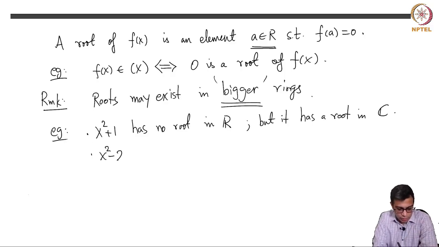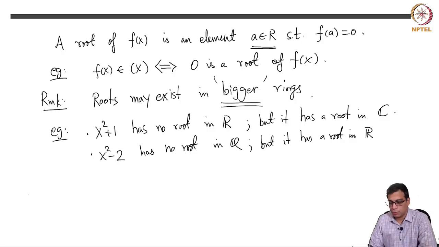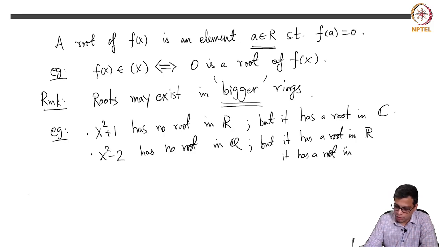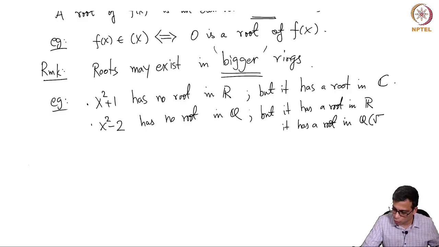Similarly, x squared minus 2 has no root in the rational numbers, but it has a root in R. But in fact, it also has a root in a much smaller ring than R. For example, you can take Q adjoined root 2.